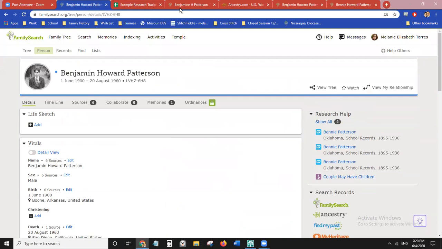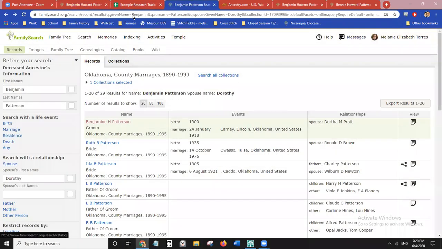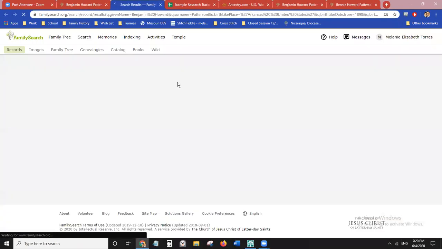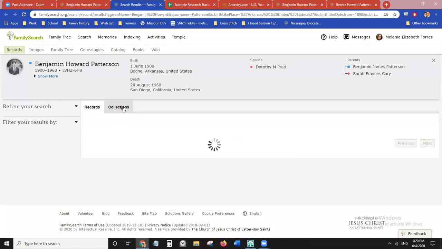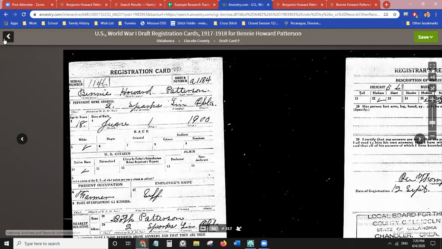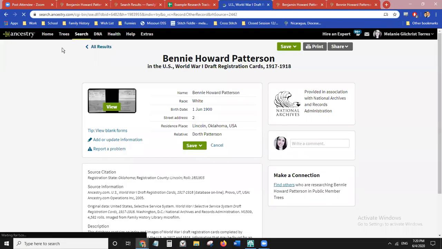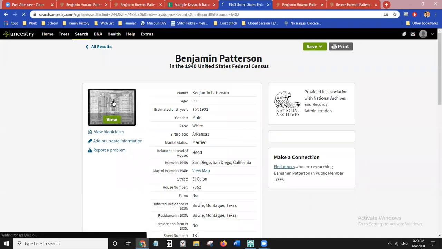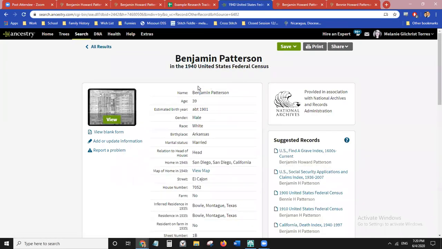So let's go for the censuses first. I'm going to do that search records thing again. And we know we found him in the 1940 census. So let's just go ahead and attach that. Now that we've proved that he is married to Dorothy and living in San Diego, we can go ahead and attach this census.